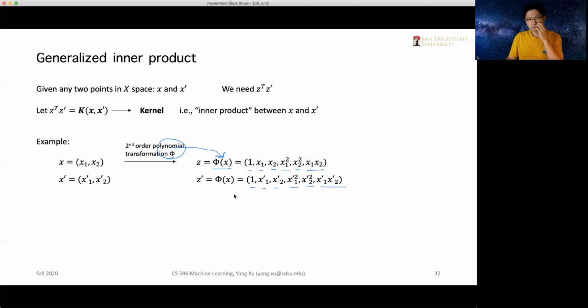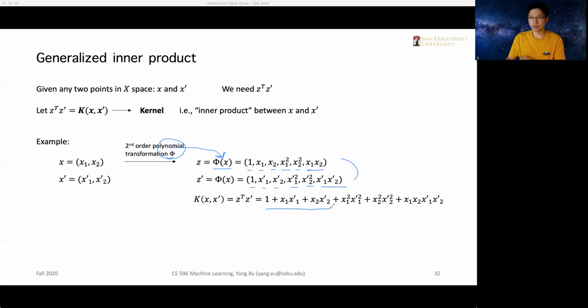The resulting dot product or inner product between Z transpose and Z prime is simply the dot product between these two vectors, which is 1 plus x1 times x1 prime plus x2 times x2 prime, and so on.